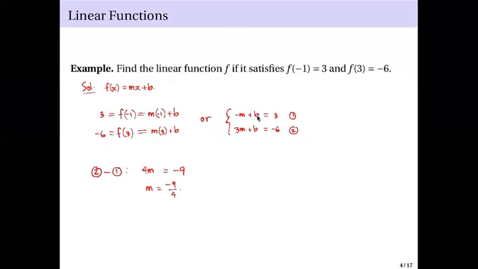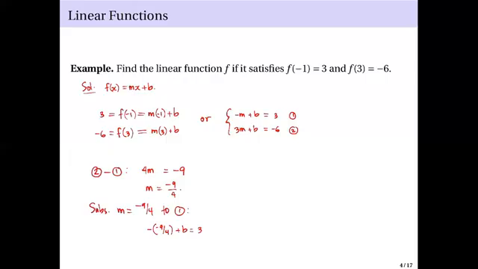Now, to solve for b, we just substitute the value of m that we have obtained in any of the equations. So what we can do is to substitute m equals negative 9 over 4 into equation 1. So in equation 1, we now have negative of negative 9 over 4 plus b, this is equal to 3.